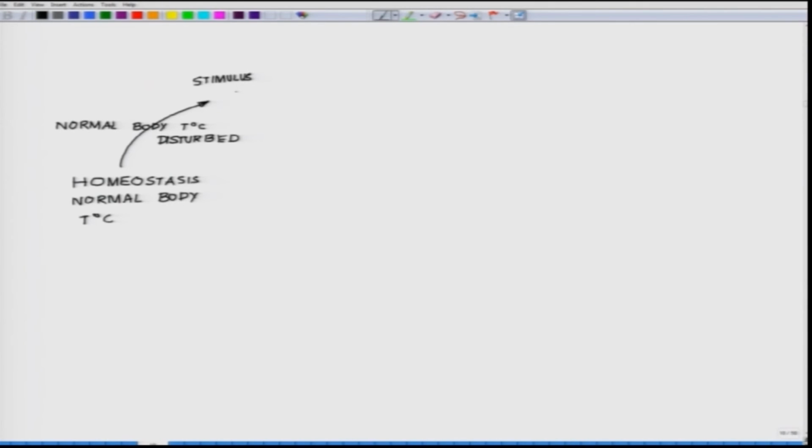You are running, the stimulus is rising body temperature. This stimulus will be sensed by certain receptors, and these receptors are present on your skin as well as in the hypothalamus. I will tell you what the hypothalamus is.